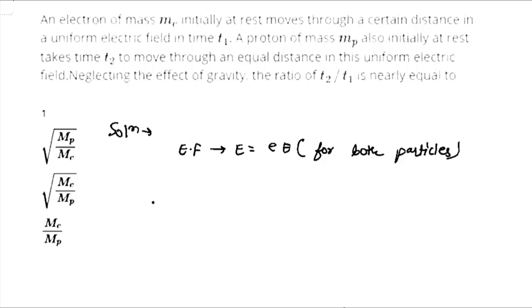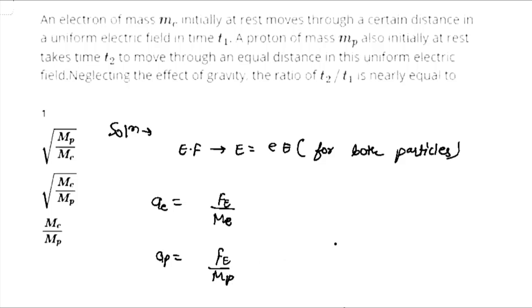So the acceleration of the electron, ae, will be equal to Fe upon me, and the acceleration of the proton will be equal to Fe upon mp.